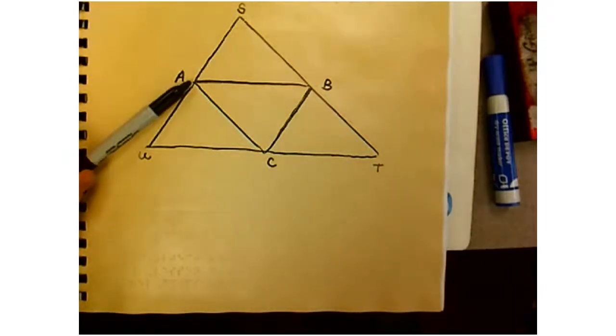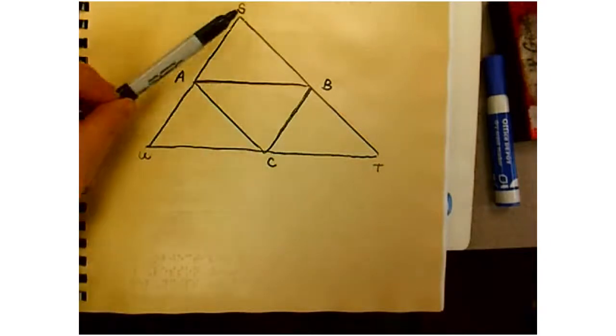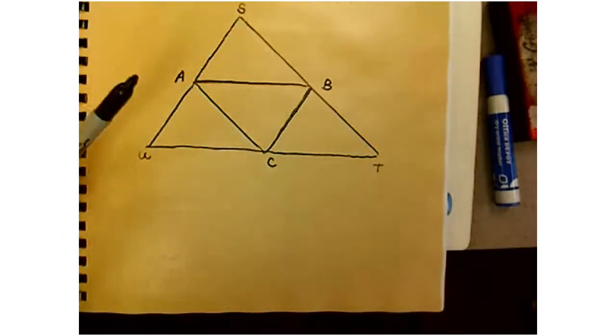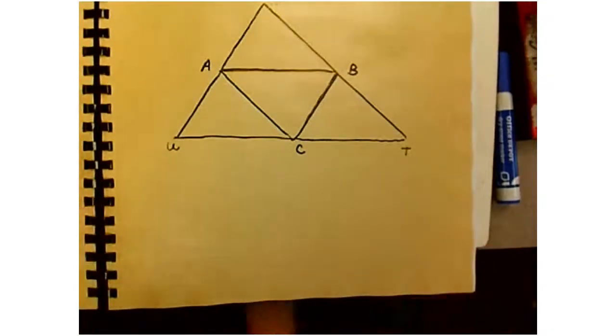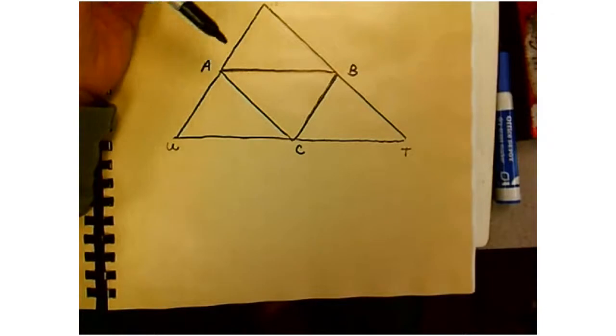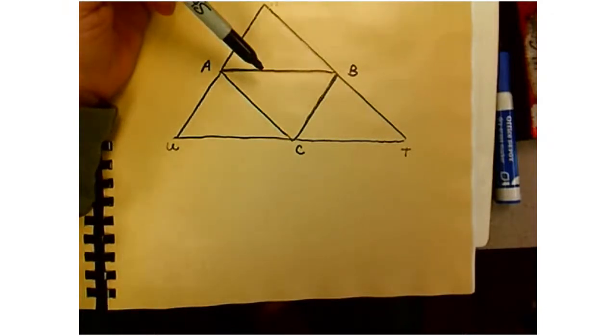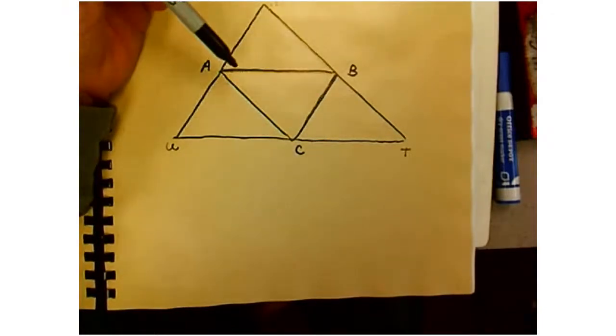If you started with A on the left, C, then you start with S on the left, T. Good. If UT is 16, then what is AB? Okay, 8. 8, right. AB is one half the distance of UT because of the midpoints and it's parallel.